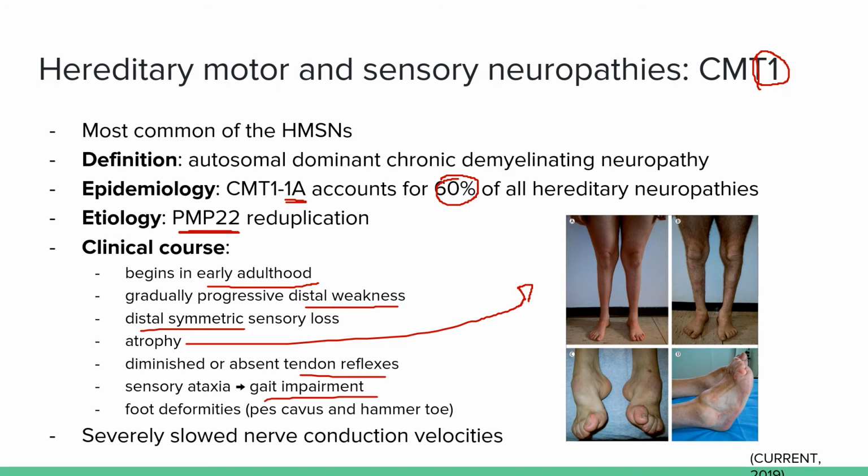Foot deformities like pes cavus and hammer toe are also found, as we can see in this image, and we can also see deformities in the hand. There are usually severely slow nerve conduction velocities in this disease because of the demyelinating pathophysiology.